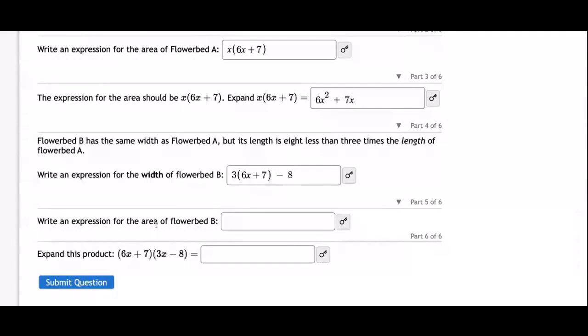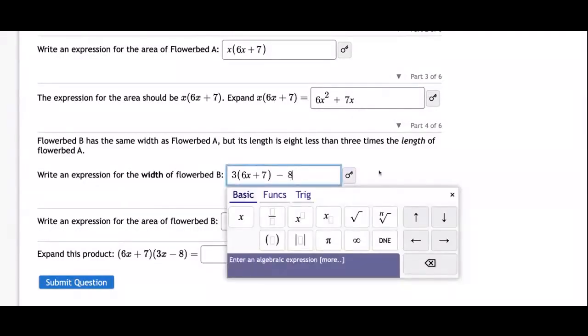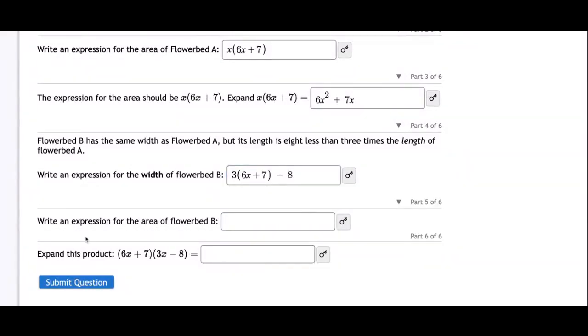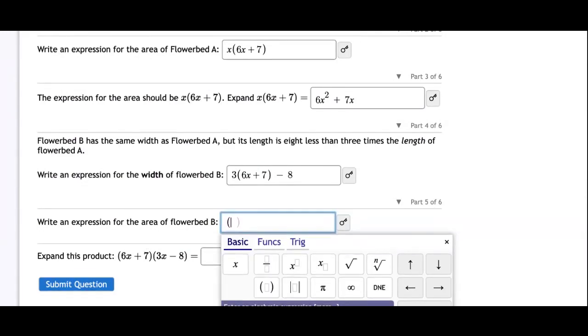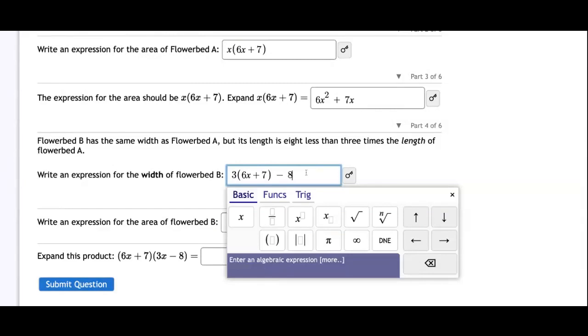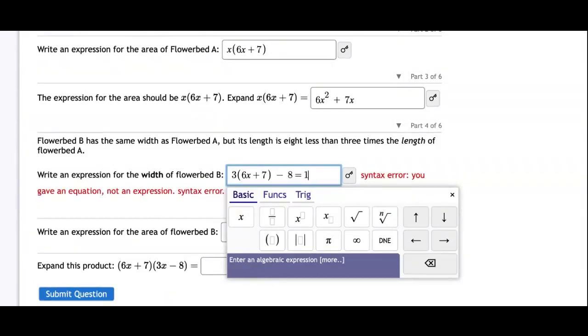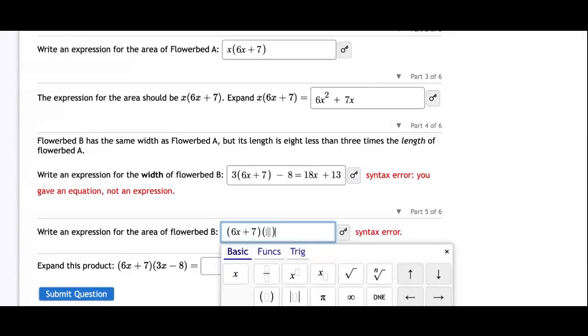Write an expression for the area of flower B. Of course, if you want to simplify, we can simplify a little bit. 3 times 7, 21, 21 minus 8, 13, so this is 18x plus 13.